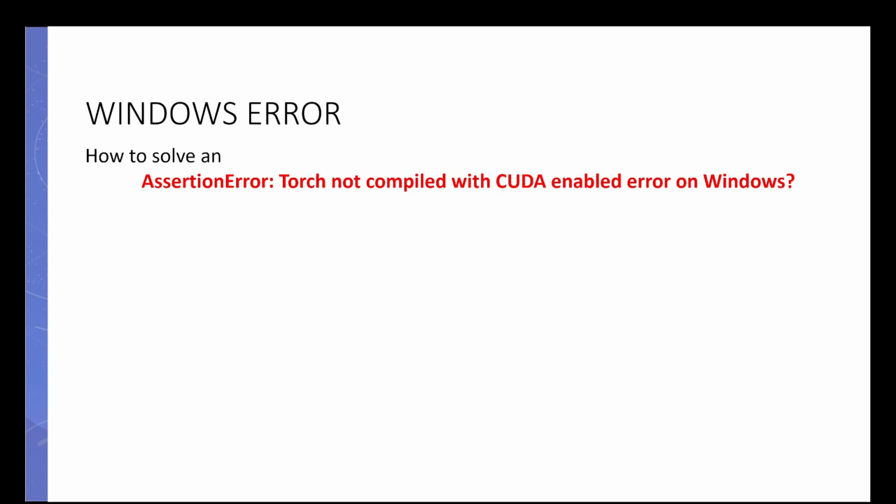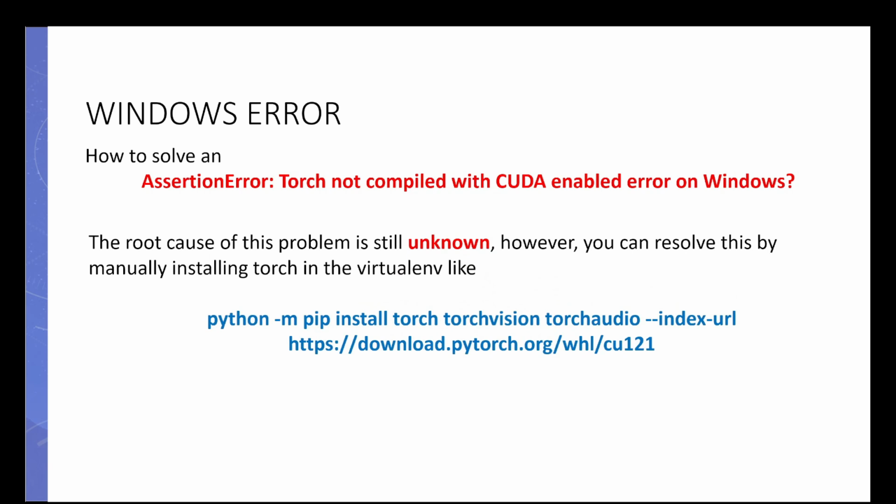So one thing to keep in mind, because I'm running on Windows: on the original GitHub repo of the insanely fast Whisper tool, they mention that there is an error on Windows related to Torch not compiled with CUDA enabled, and they don't know yet the source of the problem or the root cause for it, but we do have a solution which is posted on their website.